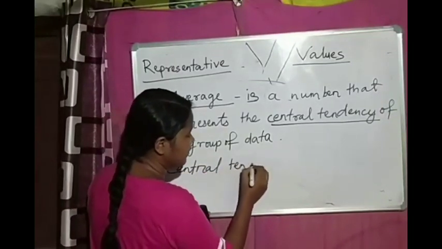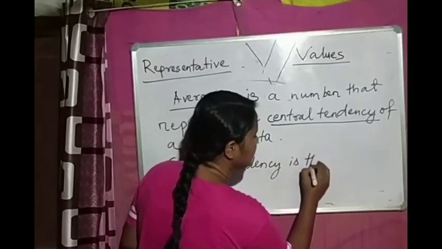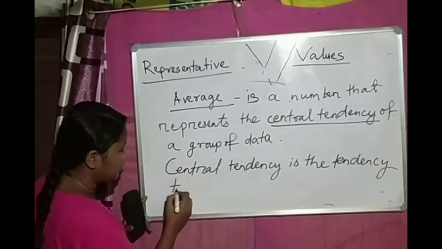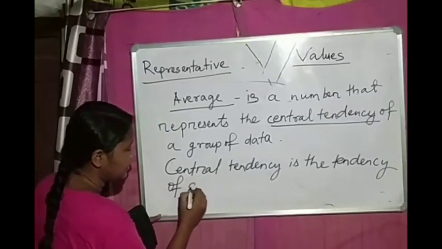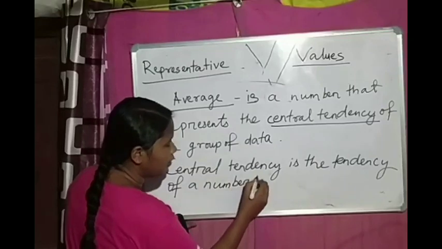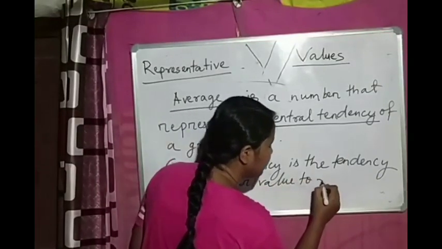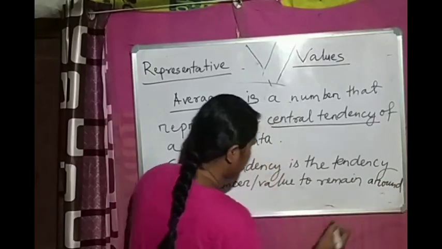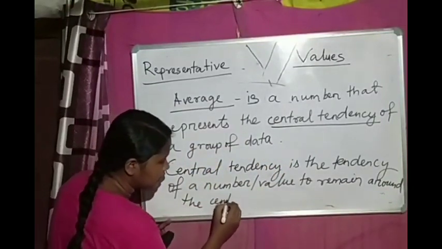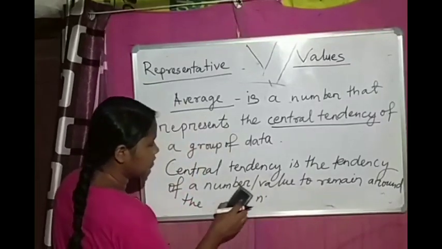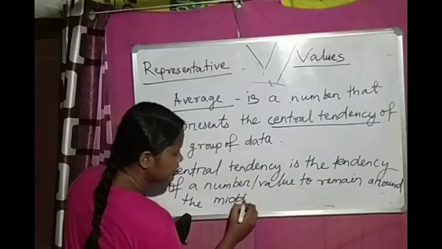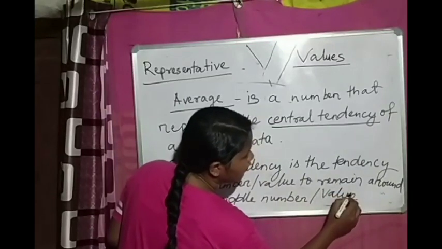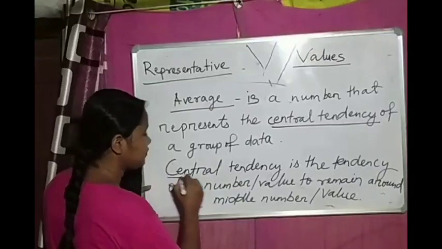Central tendency is the tendency of a number or value to remain around the middle number or value.